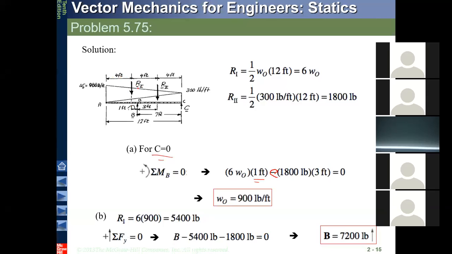You have R1 to A, and then we will get 1 foot from R1 to B, right? Is that clear? Okay.